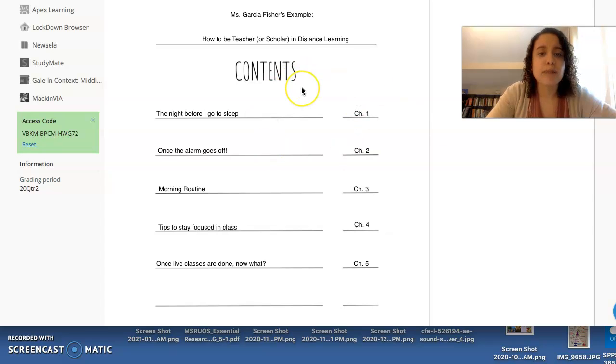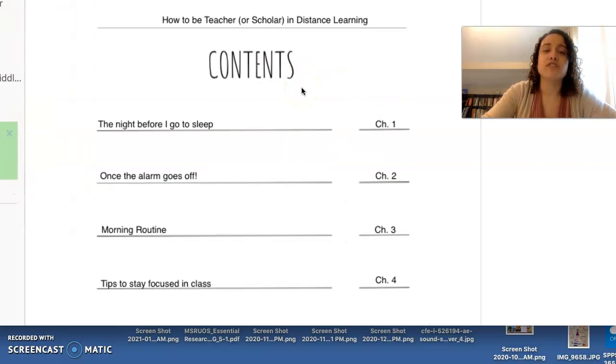But I was thinking about what I was going to do for my chapter one. Let me see if I can zoom in a little bit. For chapter one, I'm going to start at the night before I go to sleep, which has me thinking about planning and preparing before I go to bed to be ready for the next day.